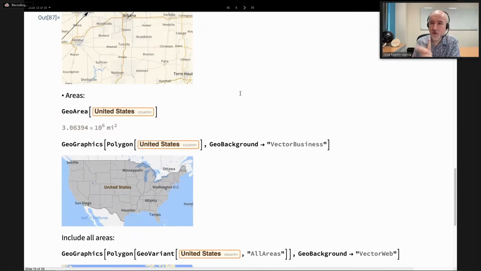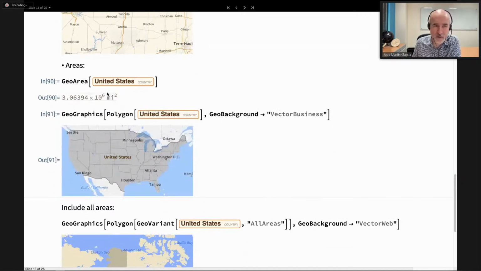Yes, so we have looked at distances and angles. Now let's look at areas. We can compute the geo area of any of the entities. Something important here is that for each entity, we have several polygons. For example, if we refer to the United States, that means continental United States, so only this area.